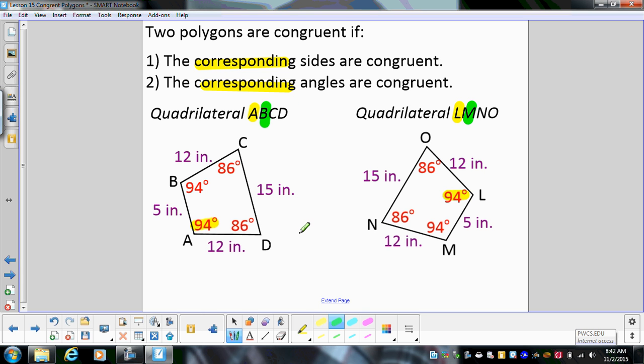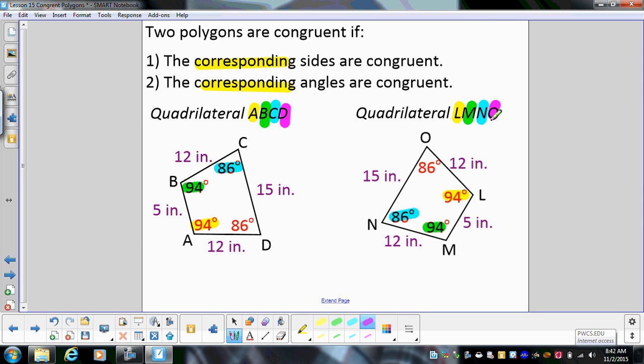B and M are the second letters, so they're corresponding, and they are congruent as well. Angle C and angle N correspond. They're in the same place in the name. They're also the same measure, so they are congruent.